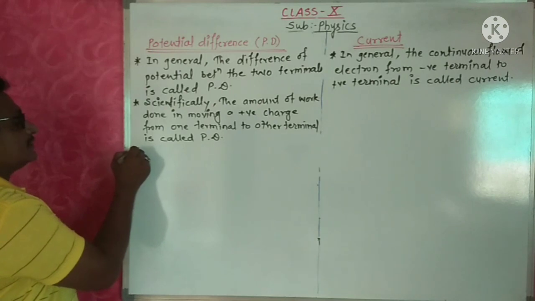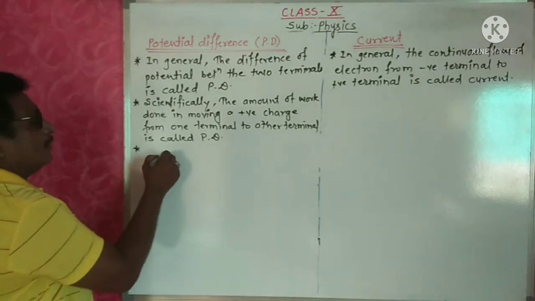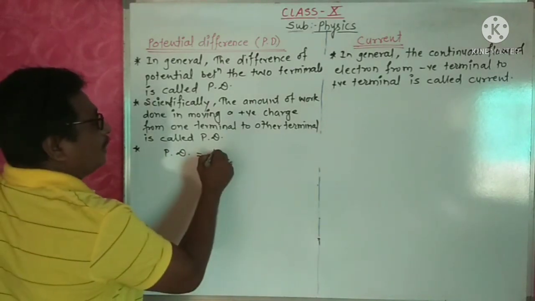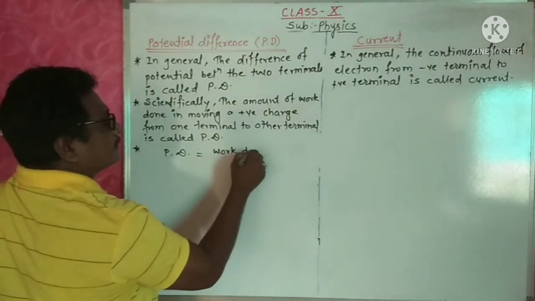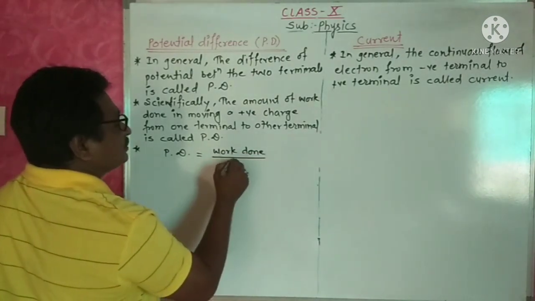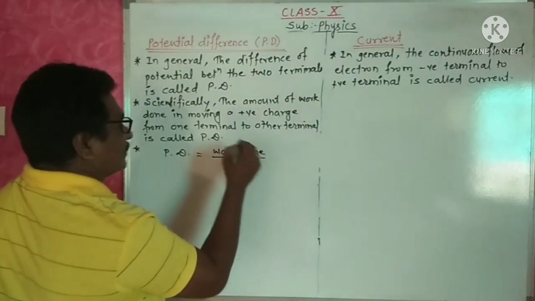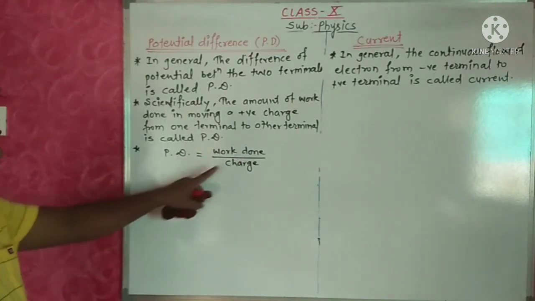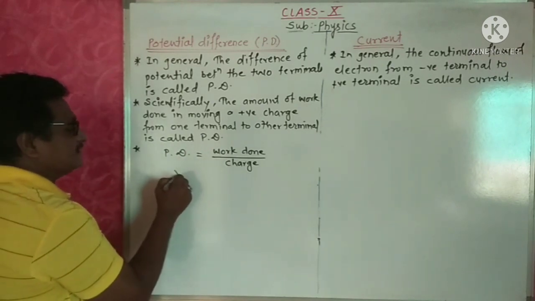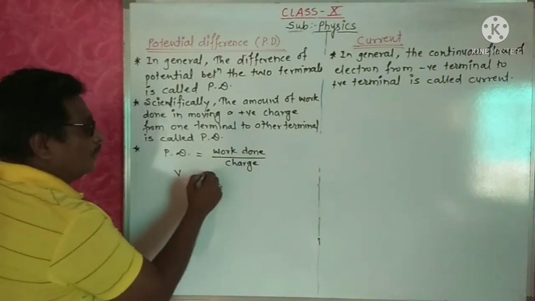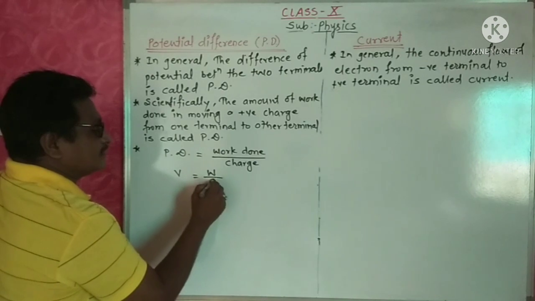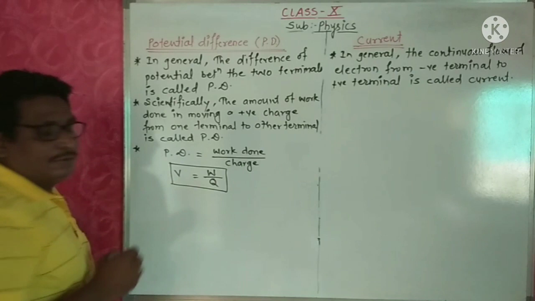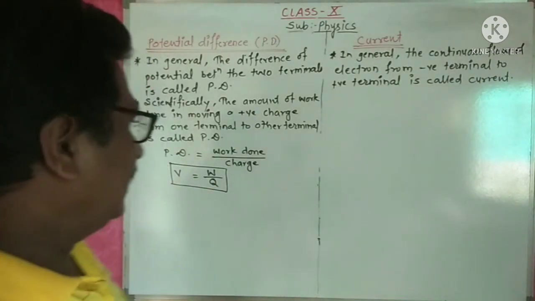And according to this, we can write the formula: potential difference equals work done by charge. Potential difference is denoted by V, work done W, charge is denoted by Q. So what is the formula for potential difference? V equals W by Q.